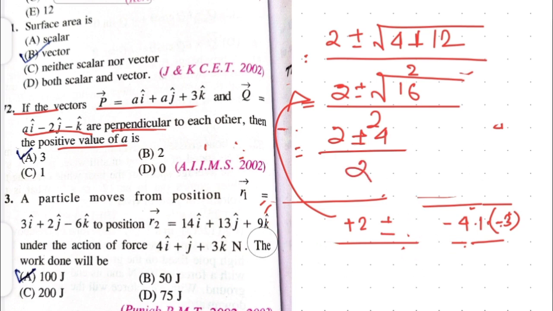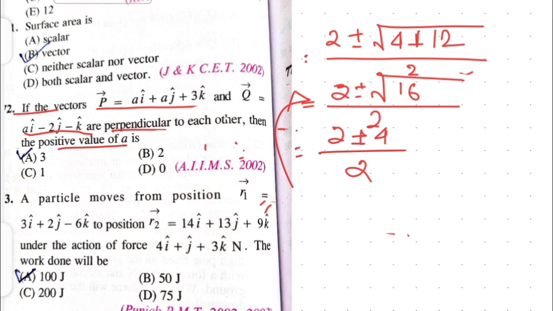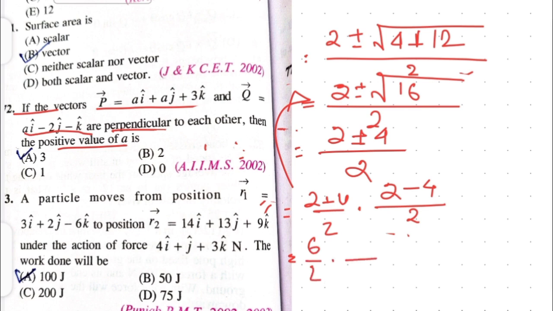So what values will we have? We'll have 2 plus 4 by 2 and also 2 minus 4 by 2. That is 6 by 2 and minus 2 by 2. That is 3 and minus 1. But we are asked the positive value. So 3 will be our answer.